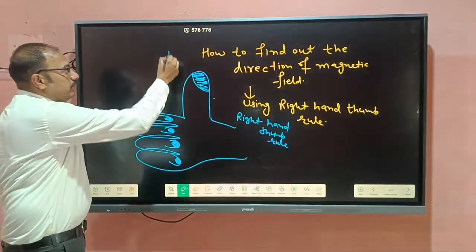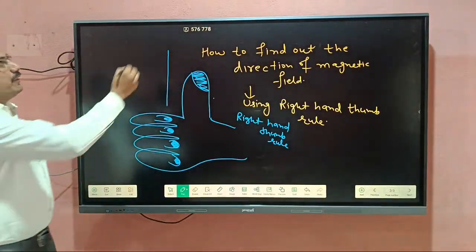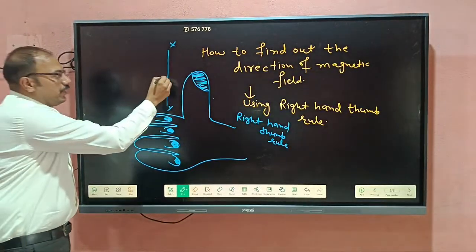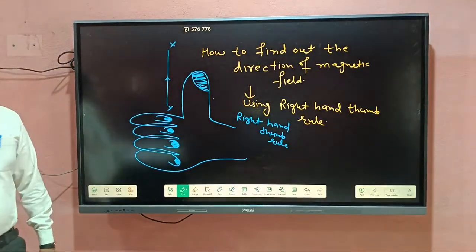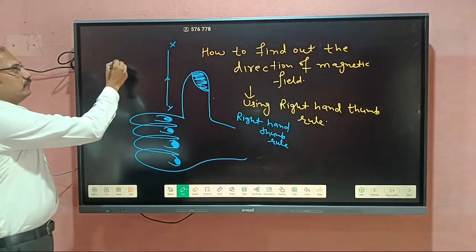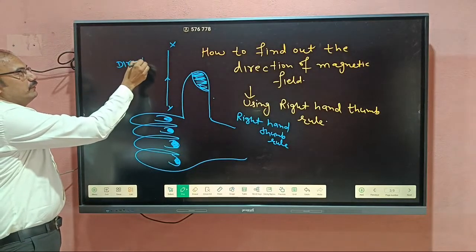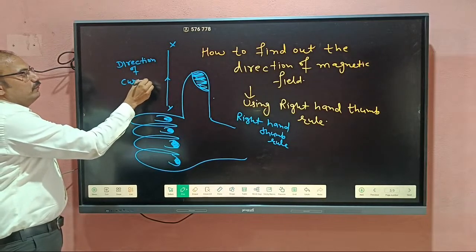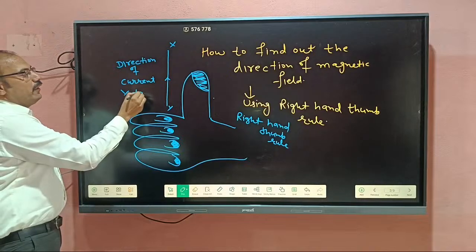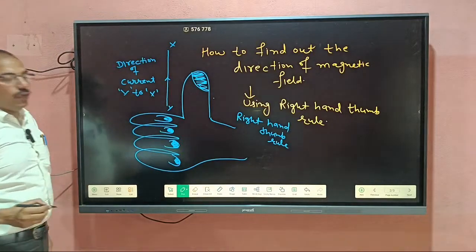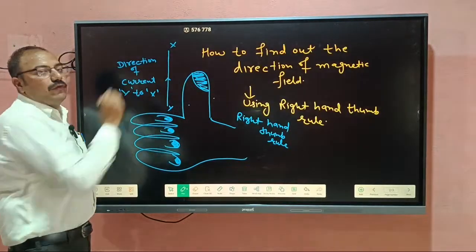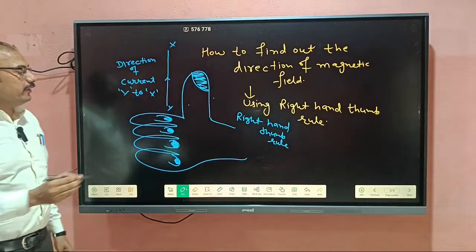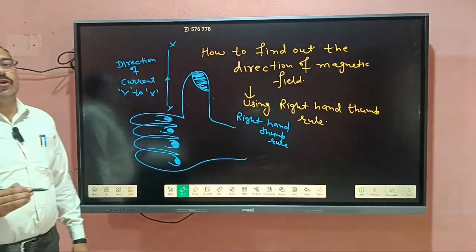So this is a wire, for example named XY. Here electric current flows in the upward direction, so the direction of current is from Y to X. Here align your thumb in the direction of the conductor in which electric current flows and close your fingers. Then these fingers give the direction of the magnetic field.